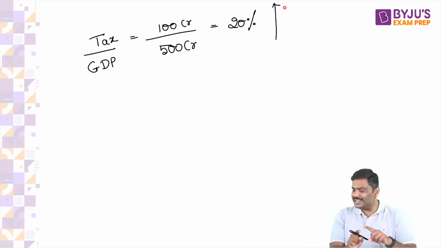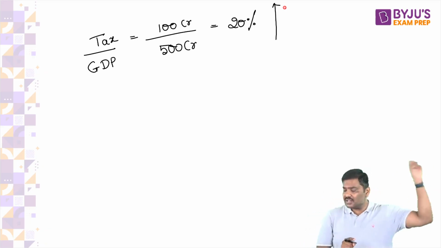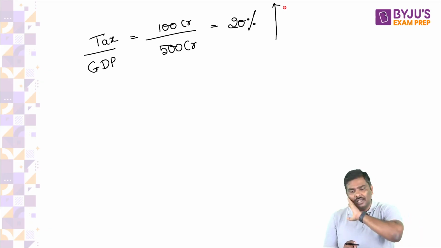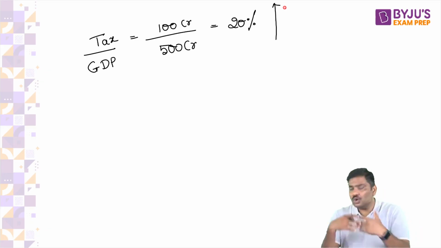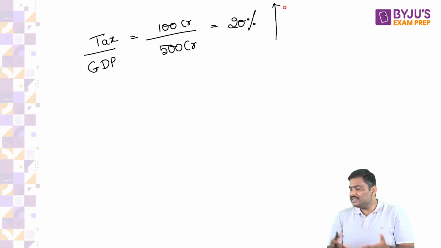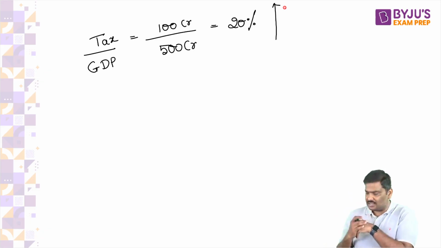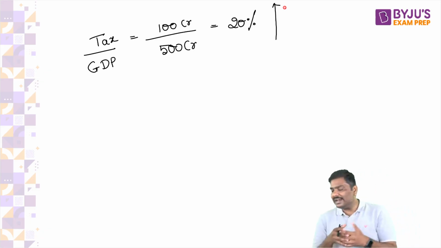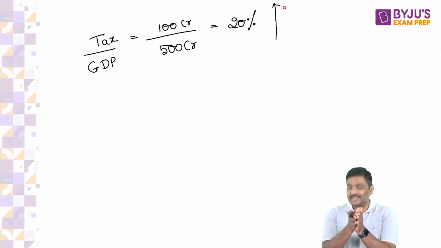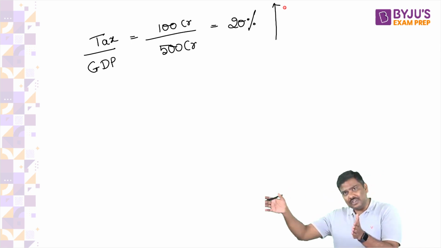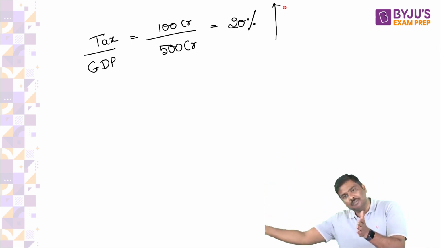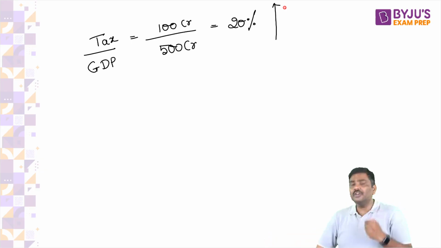It is basically the application of why taxes should be imposed by the government. If the tax to GDP ratio goes up, it simply means the government is collecting more taxes. And when government is collecting more taxes, it simply means more money for the government, less dependence on the borrowings. That is the implication for you.